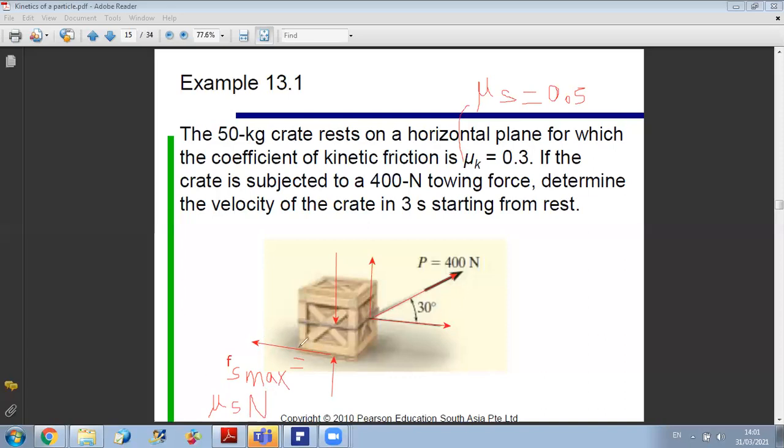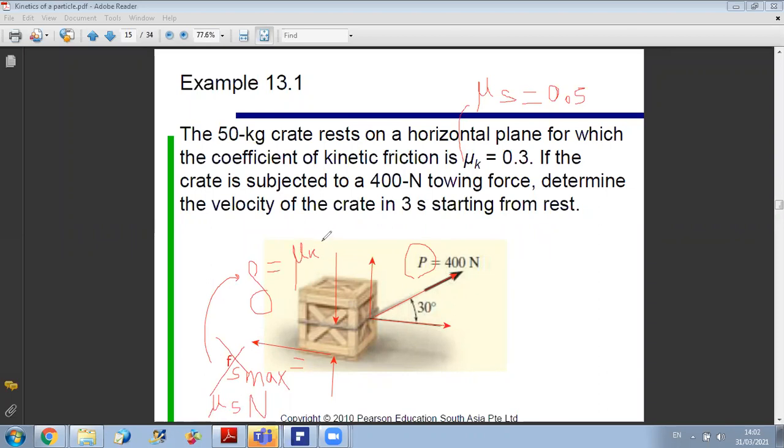The friction will be able to oppose motion. On the other hand, if I put a force P larger than mu s N, then my box will move, and once my box is set into motion, the friction will not be any more static. The friction becomes kinetic friction.